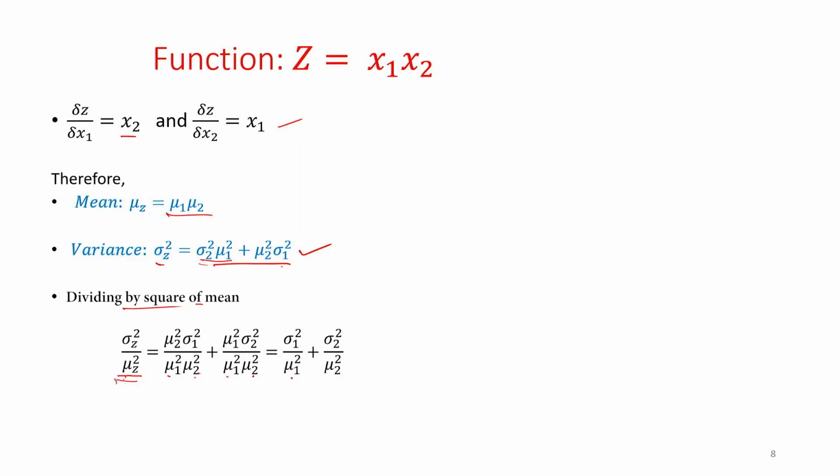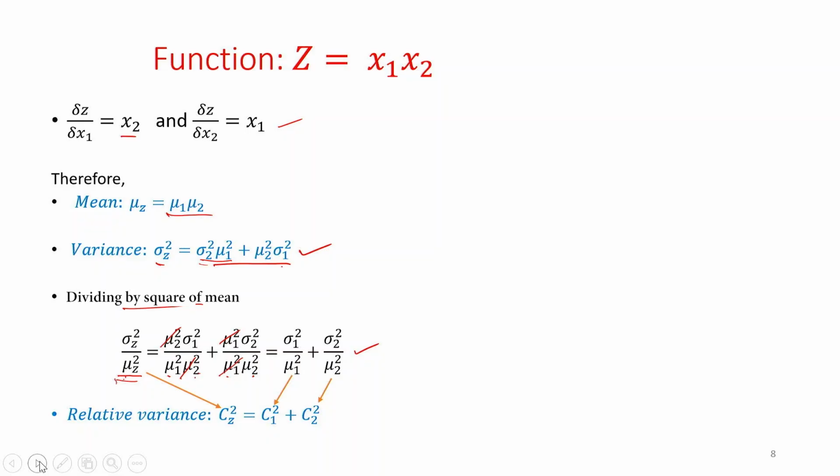If I do so, mu2 and mu2 square cancel, and mu1 square and mu1 square cancel each other. We are left with sigma 1 squared by mu1 square plus sigma 2 squared by mu2 square. And this is what is known as relative variance. This is the relative variance of Z, this is the relative variance of variable x1, and this is the relative variance of variable x2.